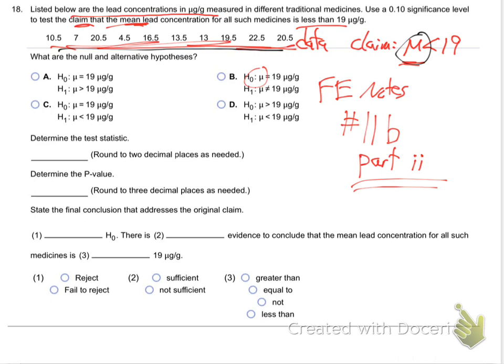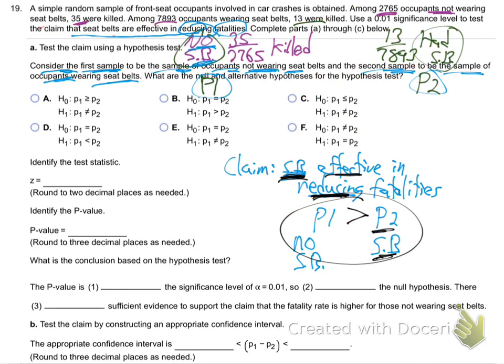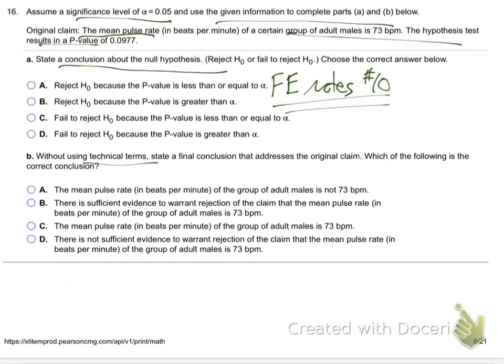But now, for the first time, how are you going to recognize this on the actual final exam? We're talking about two groups. It says first sample, second sample. So you go, oh, it's a two sample, a two group, and we're talking proportions, so it's a two sample P. Let's go back to our notes.